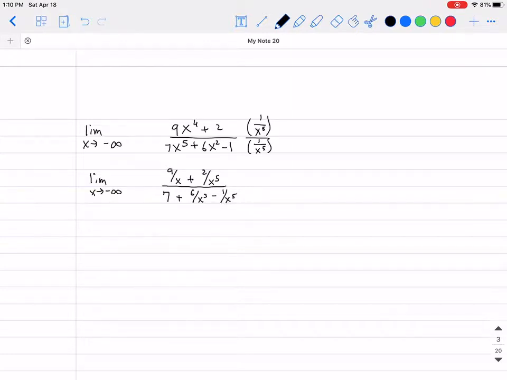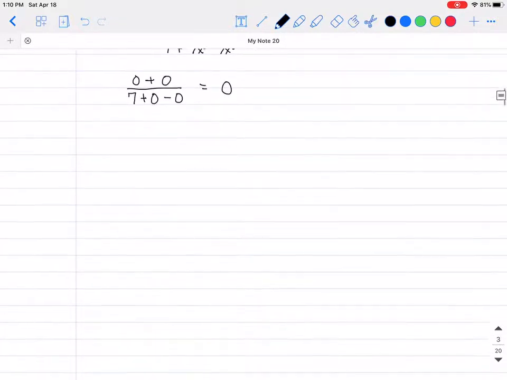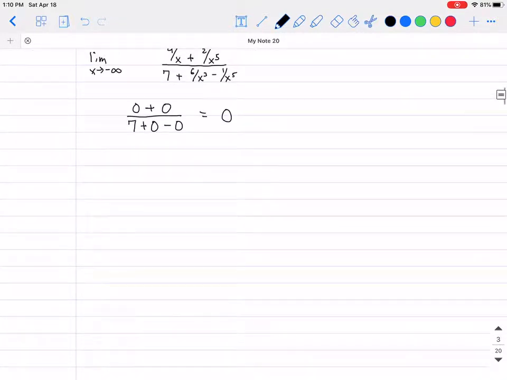So then, thinking about what we just did earlier, we would get 0 plus 0 divided by 7 plus 0 minus 0. So the answer is that the limit as x approaches negative infinity is equal to 0. Okay, so hopefully that's not too bad.